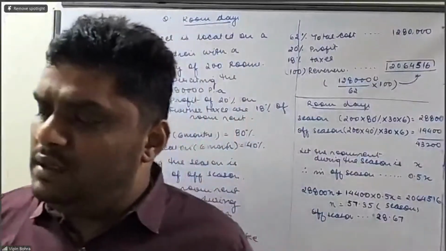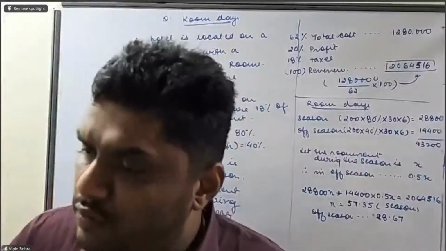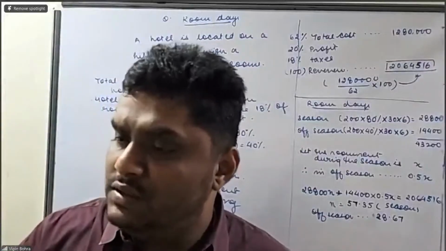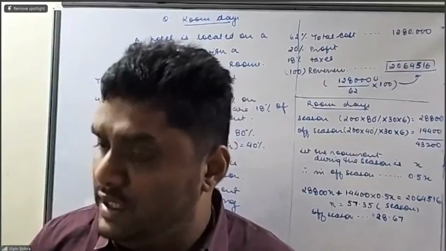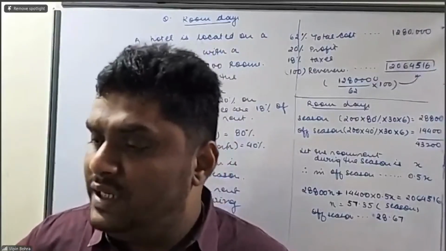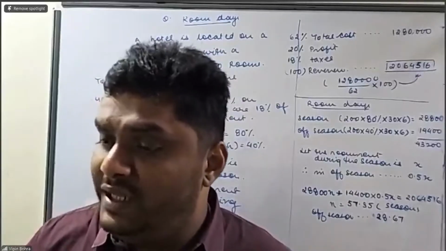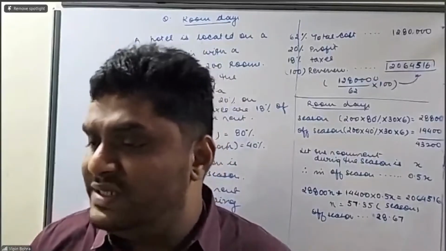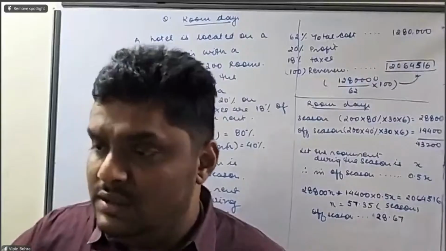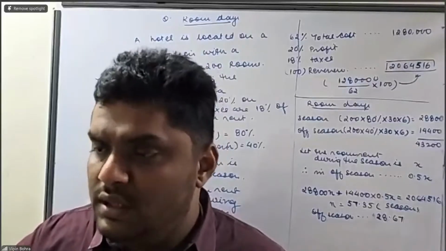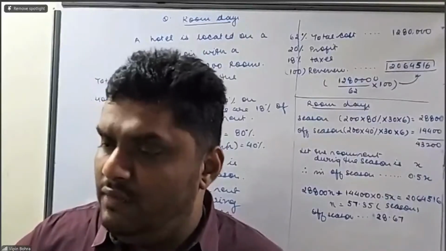Try to solve the question once again, and break it into parts. Every question is very easy to solve if you break it into parts and present it in a diagrammatic way. This is the best approach in service costing. So try to solve it again with peace of mind.